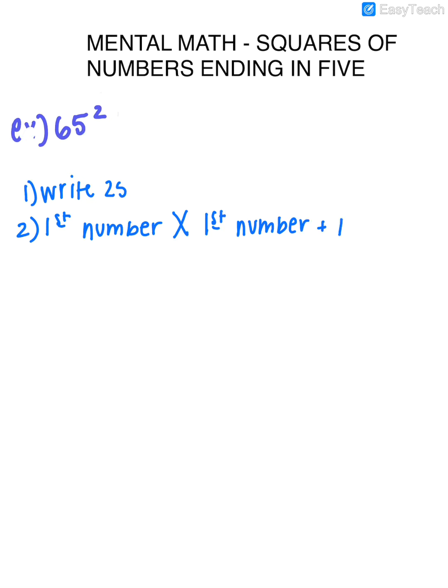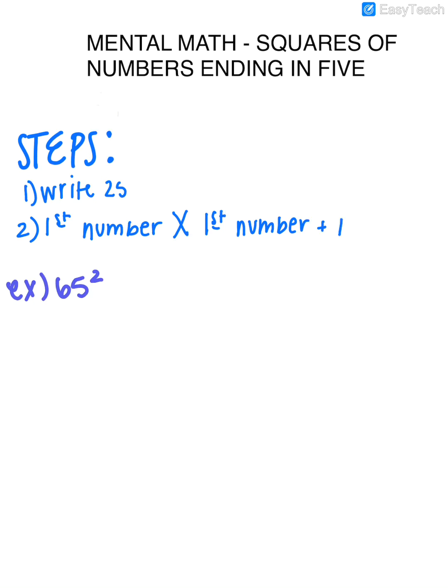And actually, I'm just going to erase this and rewrite it down here. So it was 65 squared. If we look at our first step, it's to write 25, so you're going to write 25 as the last two digits.